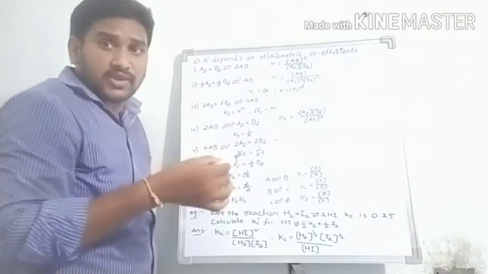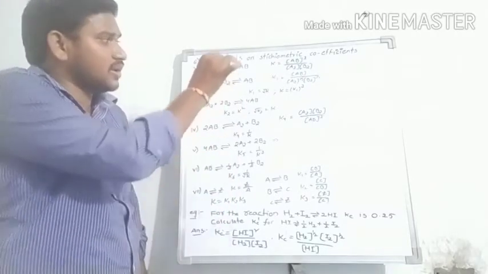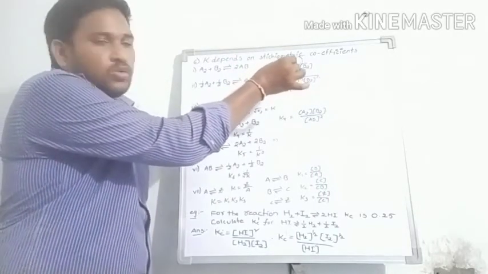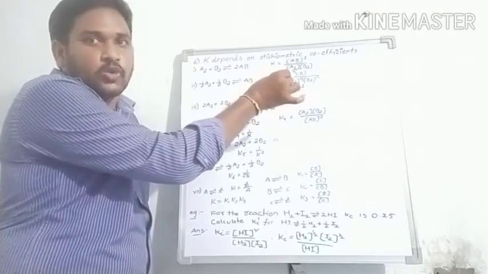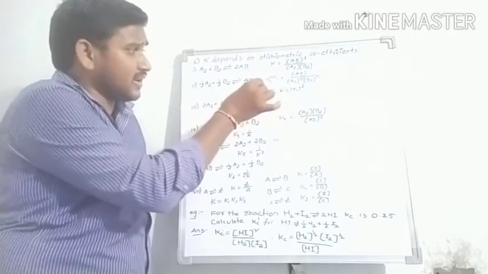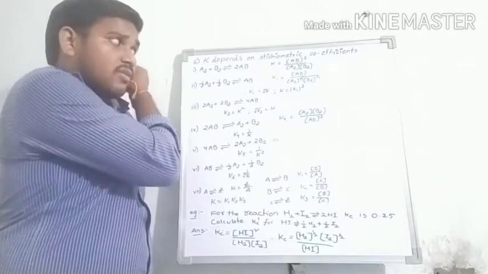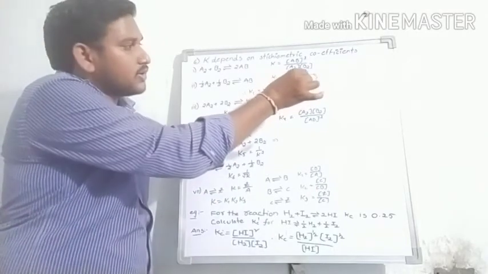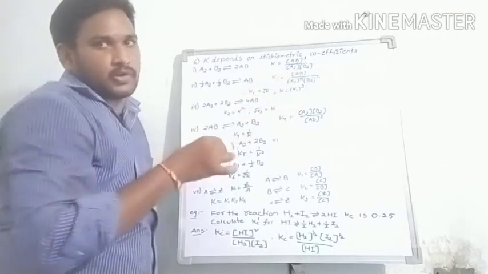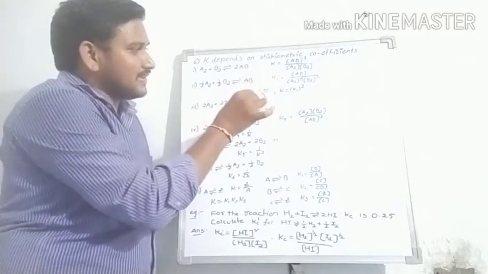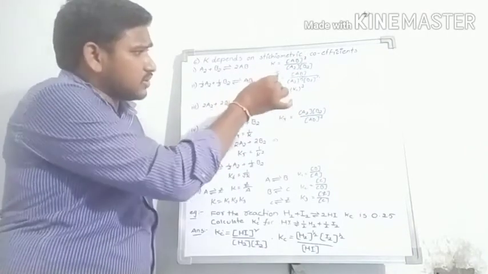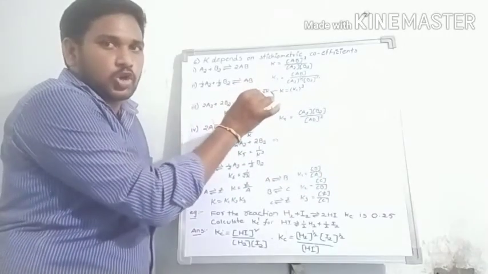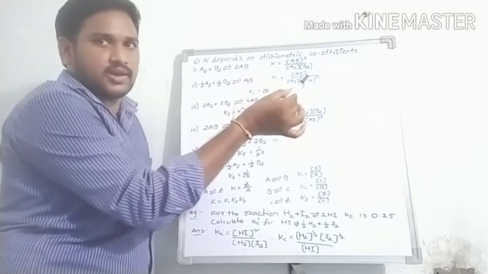Next, some questions are asked about the relation between those two reactions. K equals concentration of AB whole square by concentration of A2 and concentration of B2, where K1 equals concentration of AB by concentration of A2 whole power 1/2 into concentration of B2 whole power 1/2. So K equals K1 square, that is one method, or otherwise K1 equals root over K, the square root of K, that is the second method.